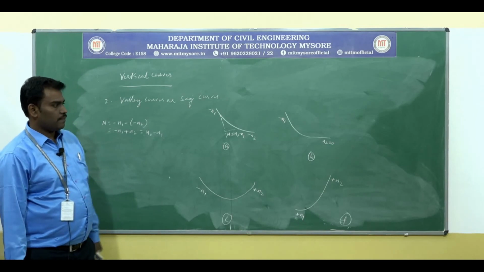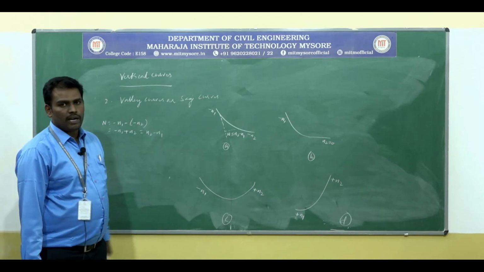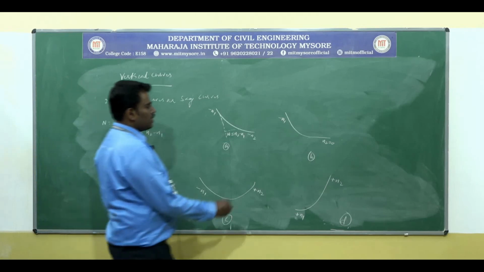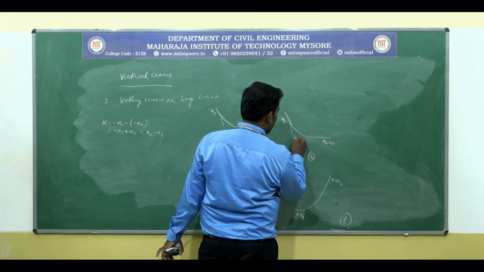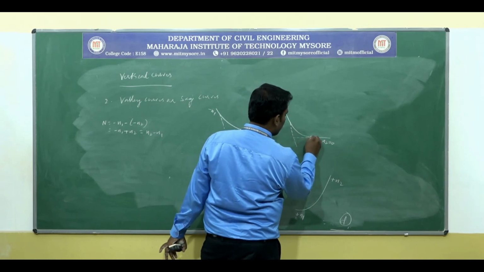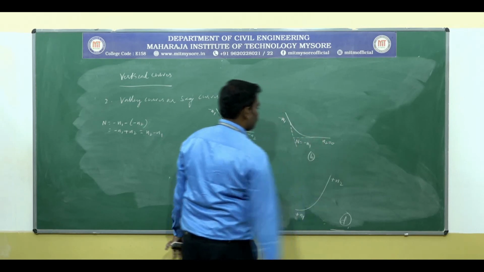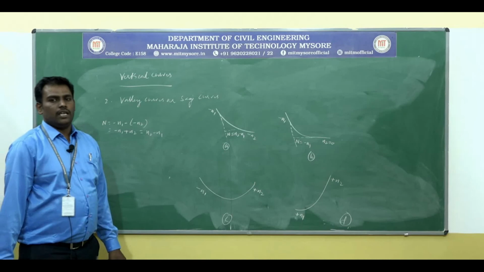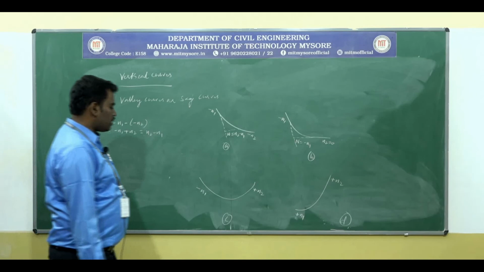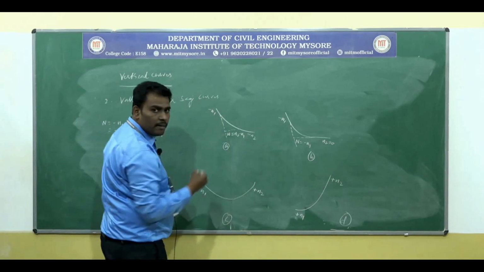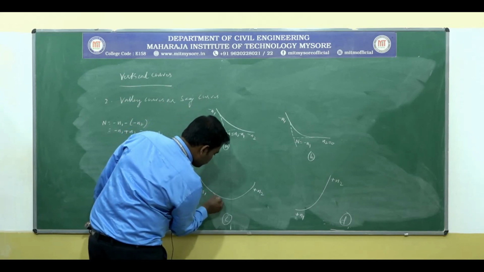And for the second case, when a descending gradient is followed by a level gradient, it's very simple: n is equal to minus n1, because n2 is equal to 0. And the third case is a descending gradient followed by an ascending gradient.